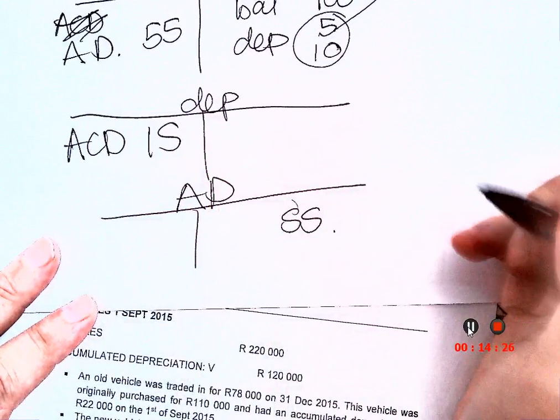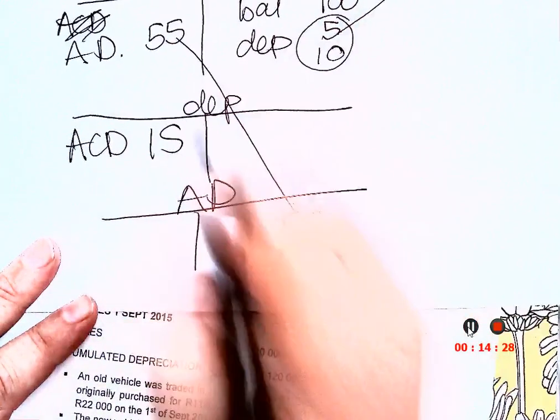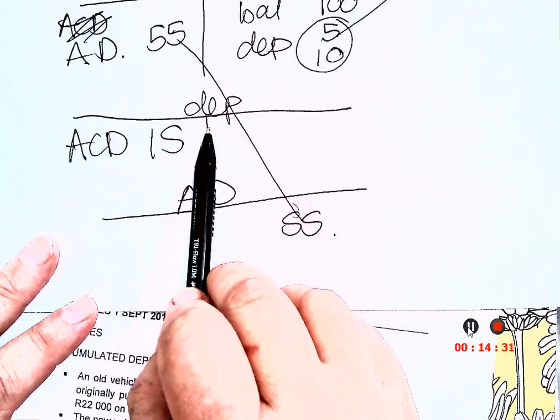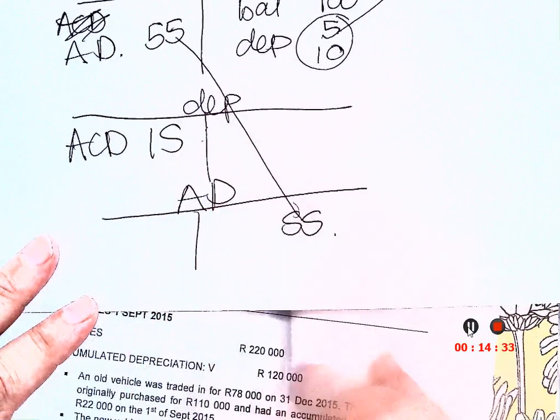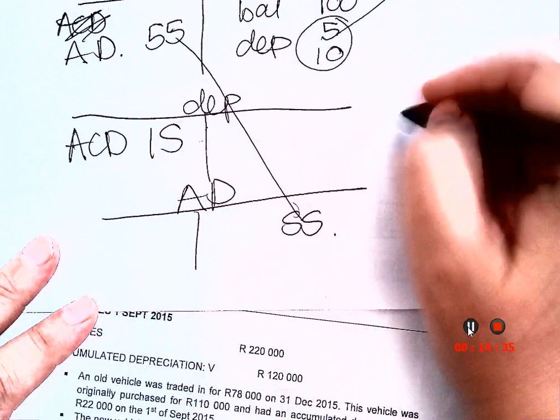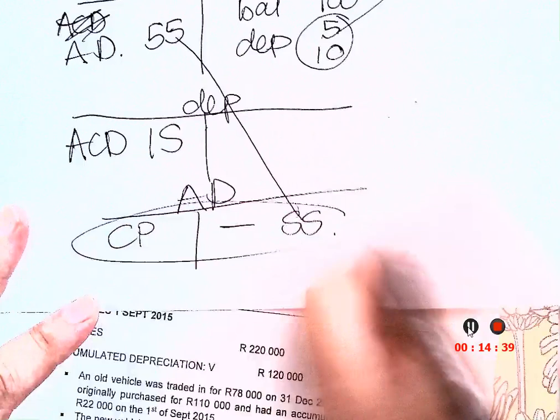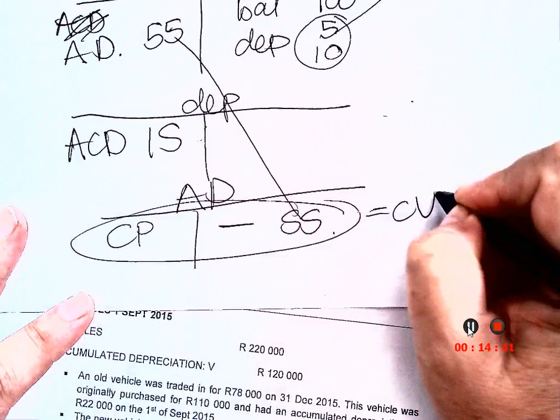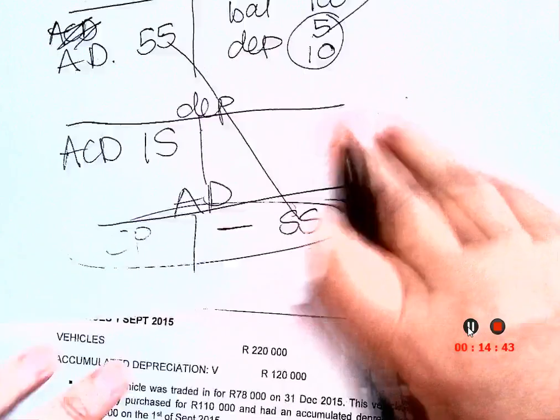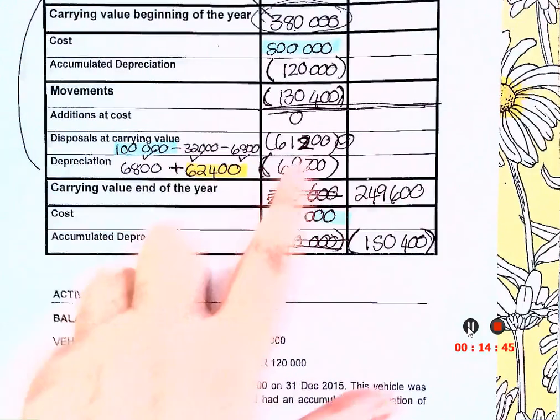Can you see the 55 has got nothing to do with the depreciation? Because now when I go to note 3, the asset disposal, I'll take this cost price less the 55 to give me the carry value in note 3. It will give me this one here, the disposal at carry value.